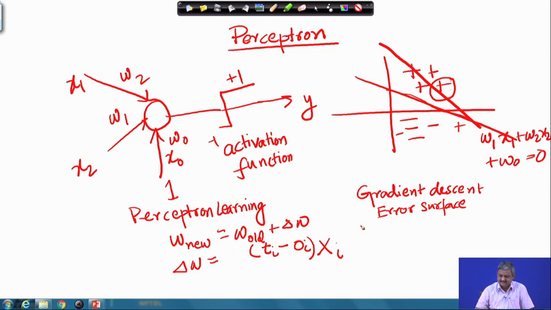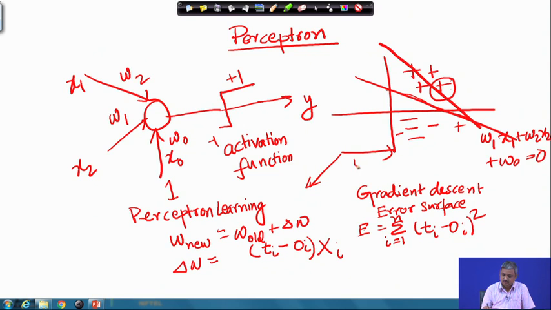The error surface is nothing but, if you sum up over all the training points, the target output minus the obtained output squared, mean squared error, summed up over all the n training examples. Then we can visualize, if we look at the W1, W2 plane for example, and plot the error on the y axis, we will get some surface like this.